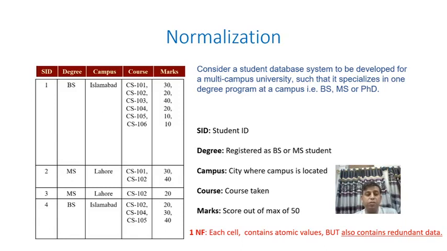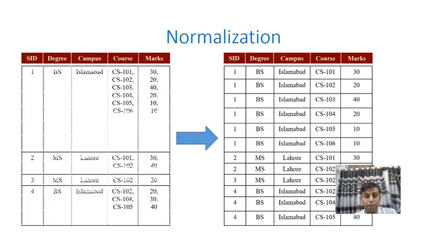First we'll try to convert this tabular data into first NF or the first normal form. In these slides we have reorganized the table so that each cell contains a single value or atomic value.